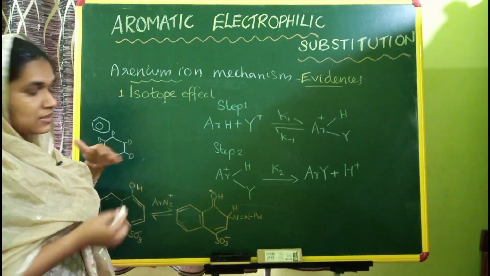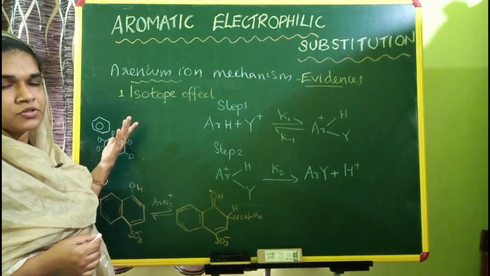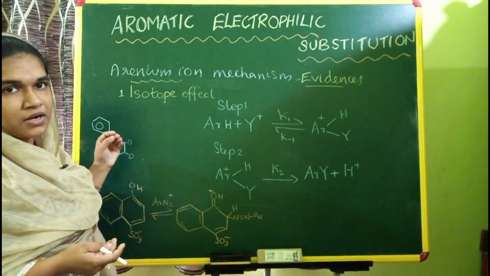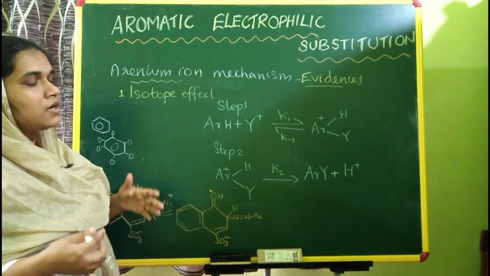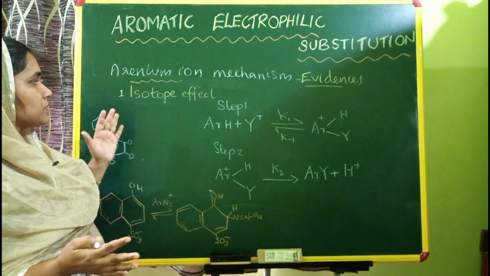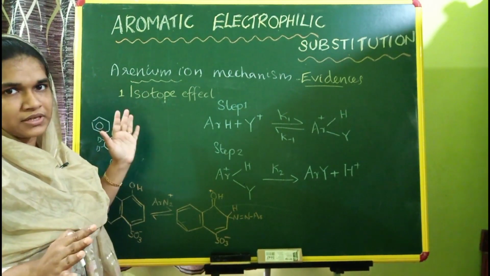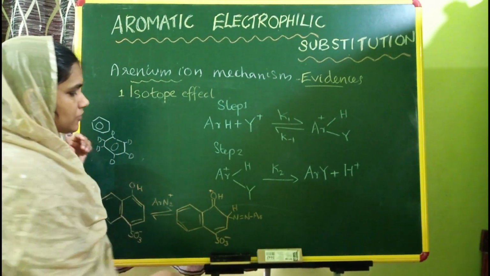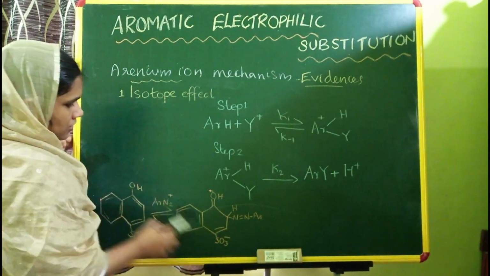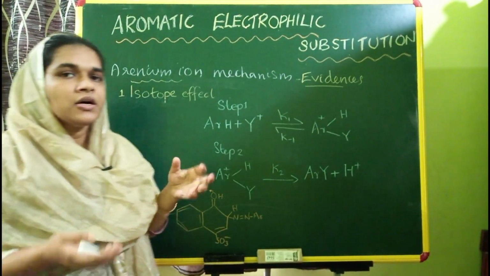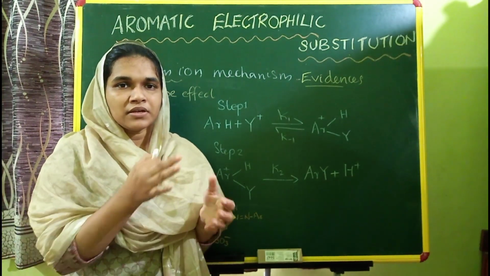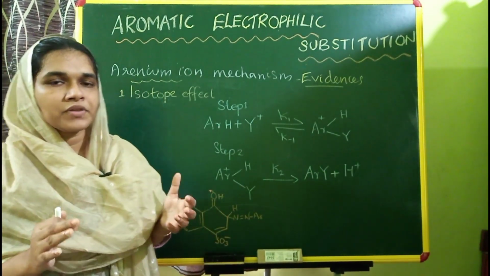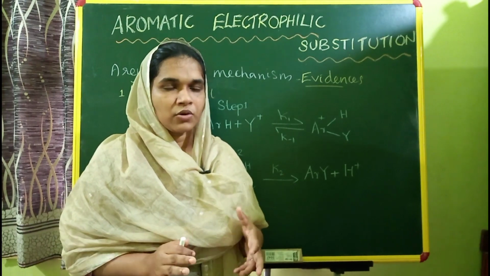If there is a difference in rate between the deuterium or tritium substituted system and the usual hydrogen substituted one, then there is an isotope effect. So when the isotope effect happens, if in the rate determining step the carbon hydrogen bond breaking is present, in such cases a primary kinetic isotope effect is operating.